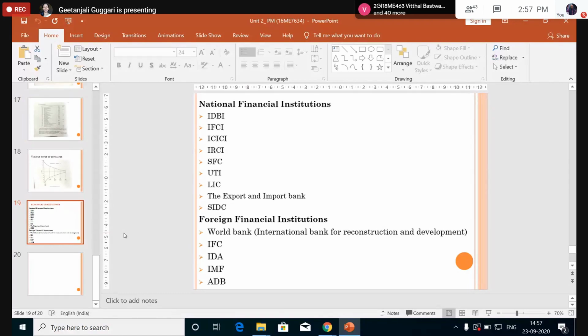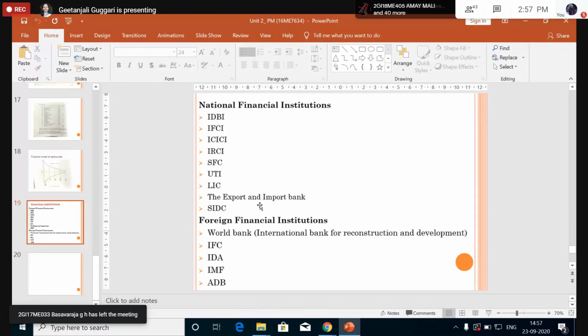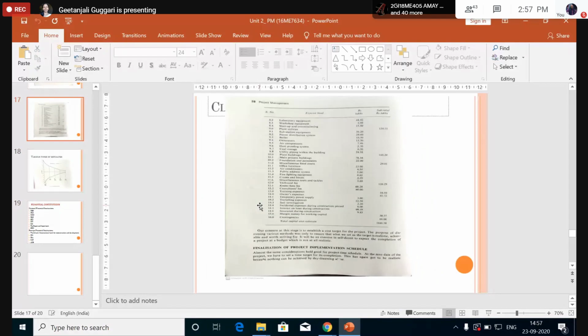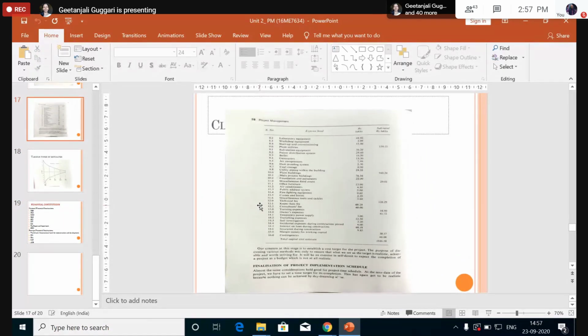When we are going for the feasibility study, which is left now in the feasibility report which we started in the beginning of the second unit, the last feasibility study we need to do is with respect to what? We have done the feasibility for raw material, location, technical study. Then we have gone through the cost estimation.